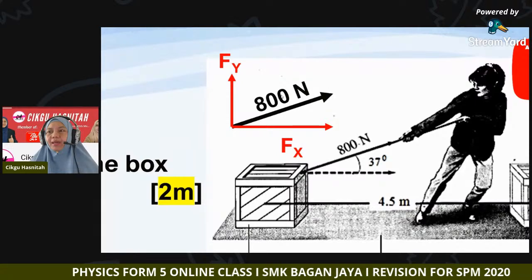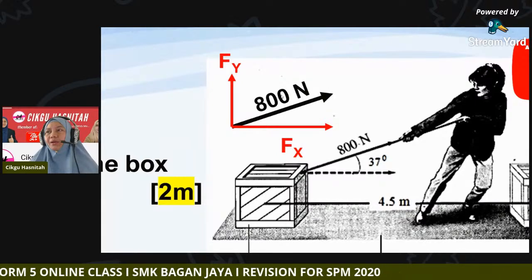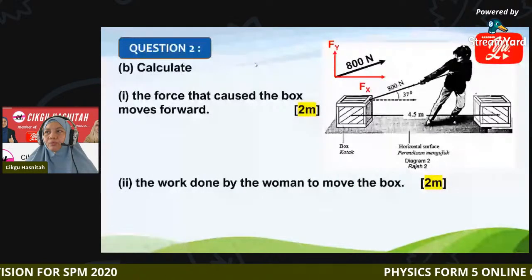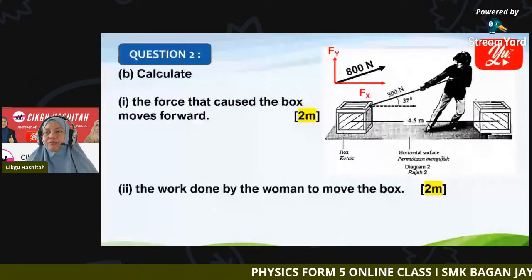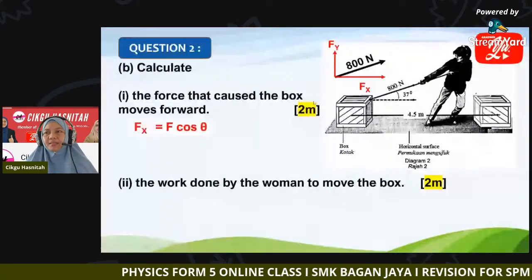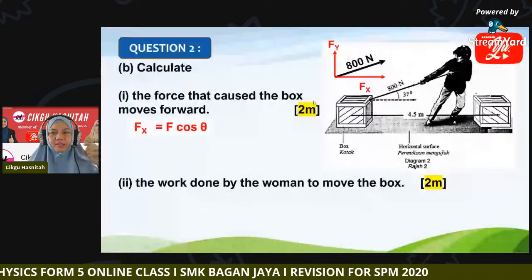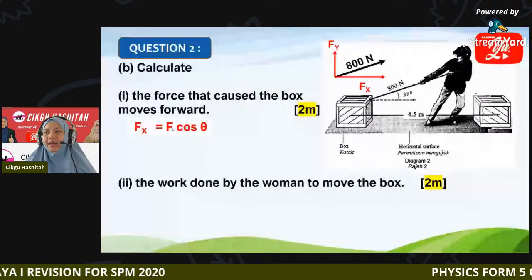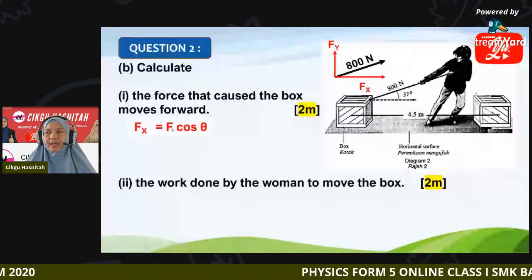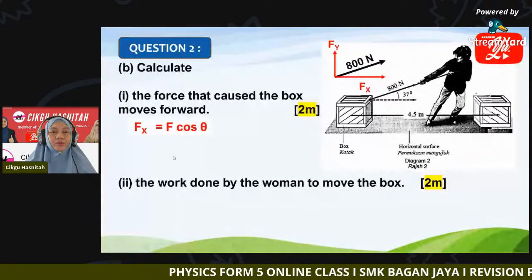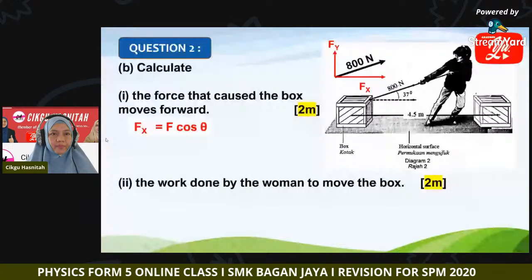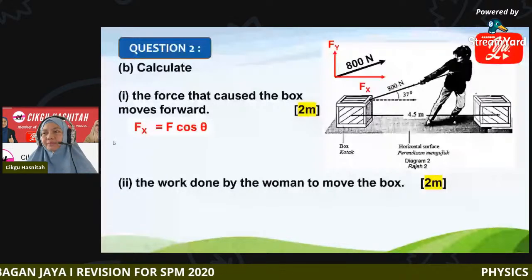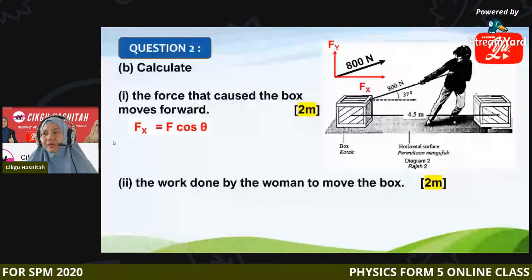Again, if you look at this diagram, if I move this arrow, so how to find Fx? Fx is given by F cos theta. Fx is given by F cos theta. You do understand, right? How is this equation coming from? Why can we get Fx equal to F cos theta?